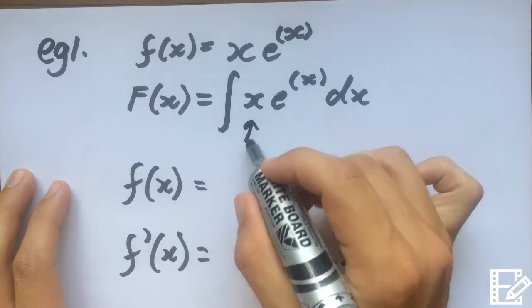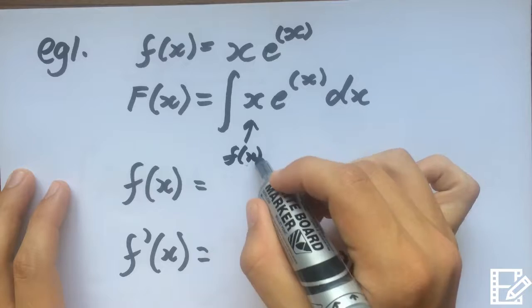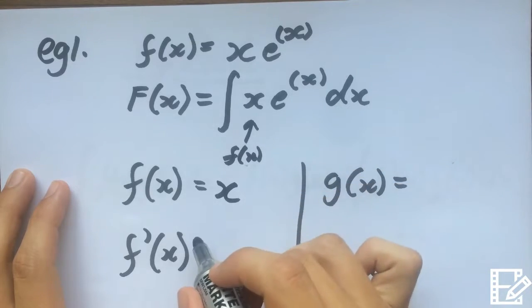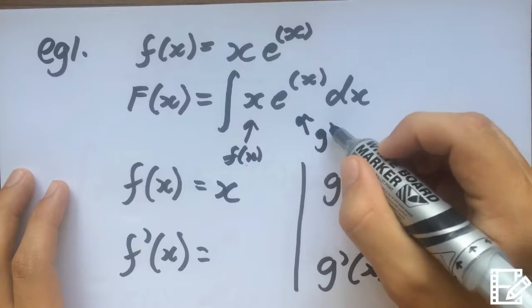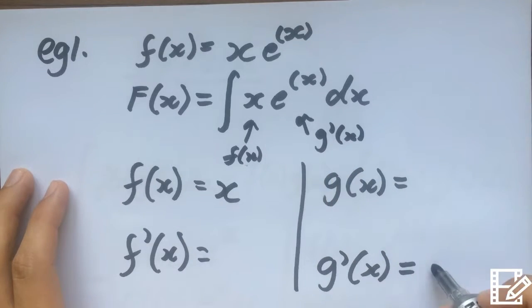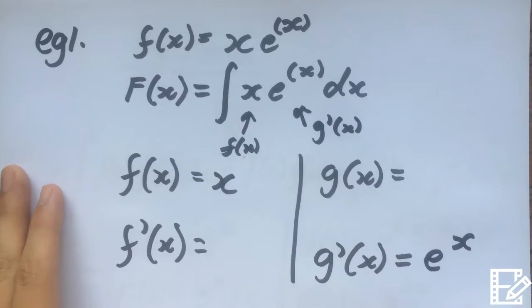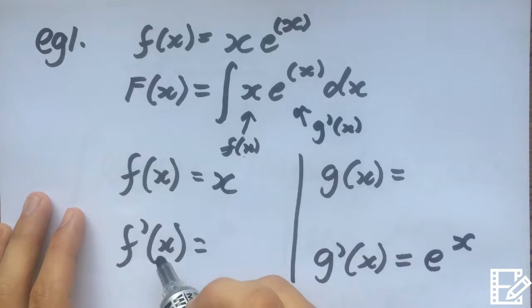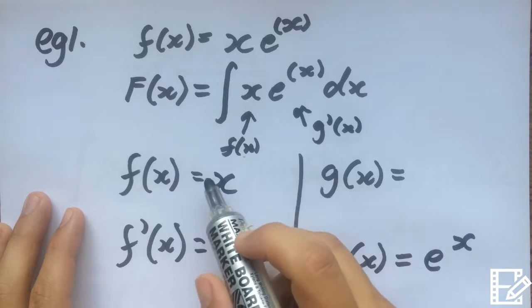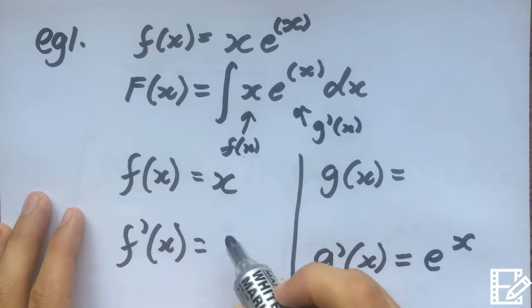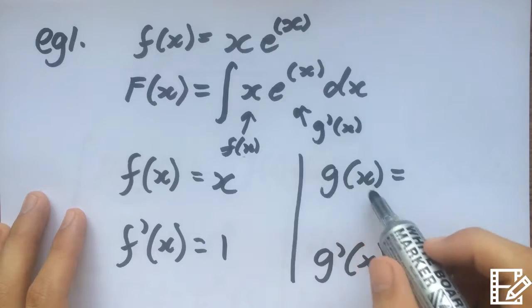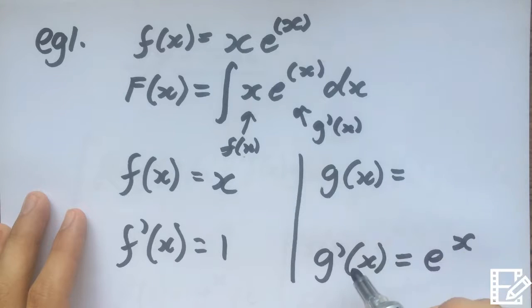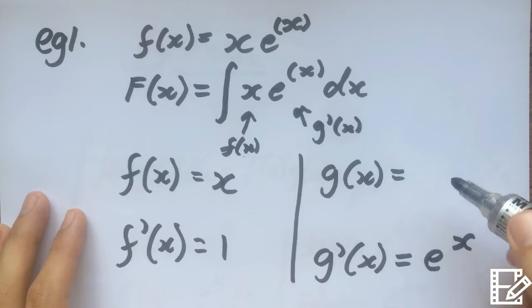We'll call that f(x), and we'll call e to the power of x g'(x). Okay, so if we need to find the derivative of f(x), and f(x) is x, then the derivative of x is 1. And if we need to find g(x), and the derivative of g(x) is e to the power of x, then we need to find the integral in order to get this.